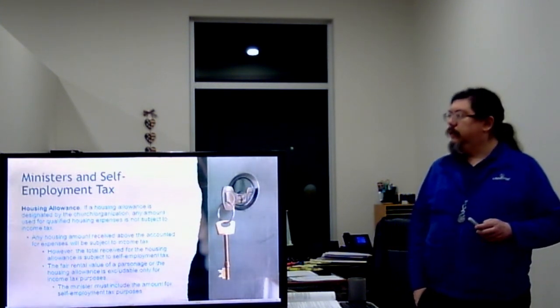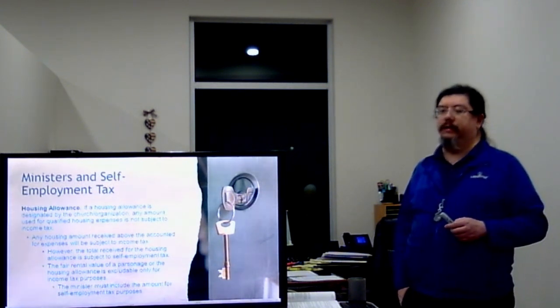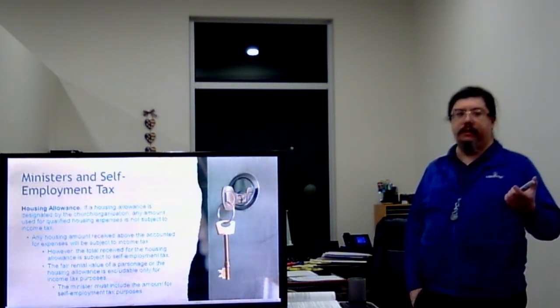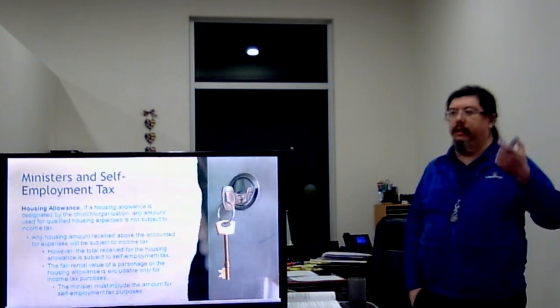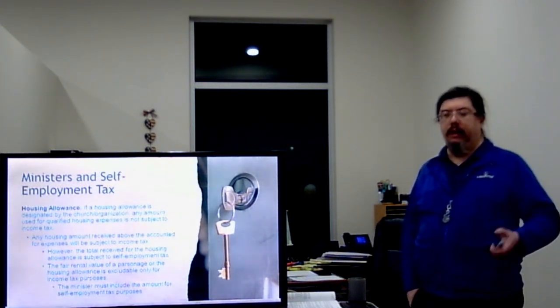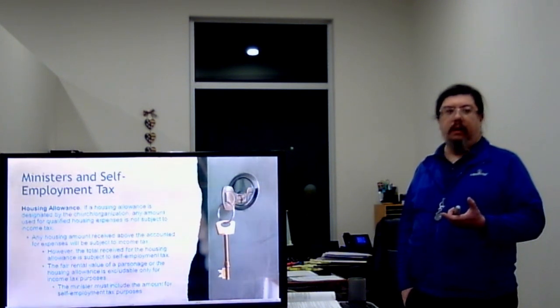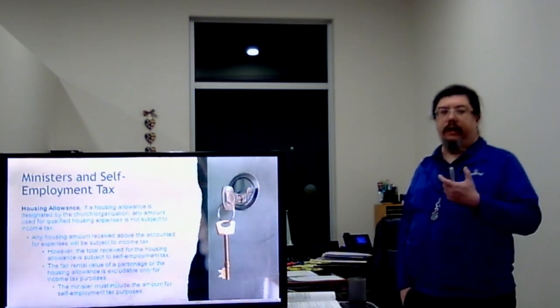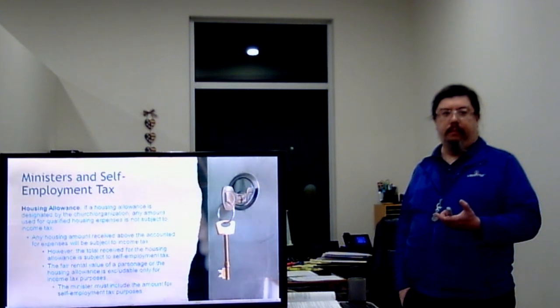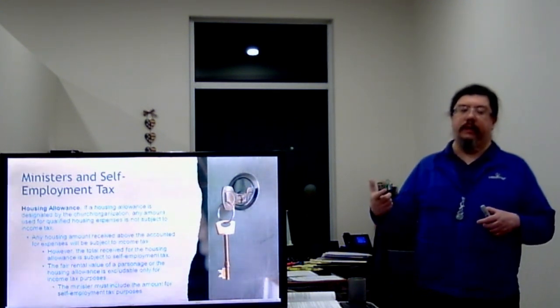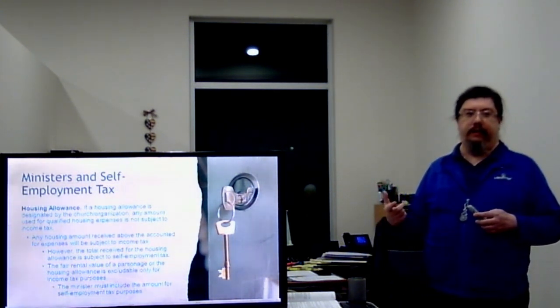Okay. So the part of your housing allowance that you can exclude is whichever of these three is the least: the actual housing allowance, the actual cost of renting or the actual cost of ownership of your home, or the fair rental value plus utilities of your home.